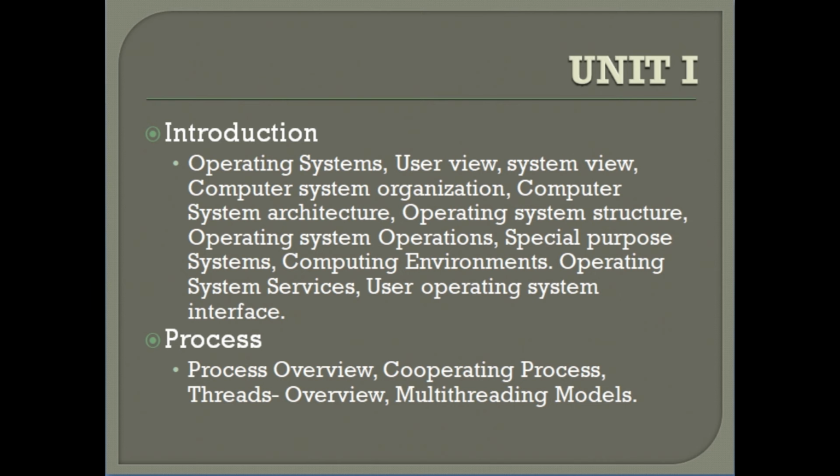How is an operating system viewed in terms of a user, and how in terms of the system? That means how it uses the hardware components of the computer. In the user view, it is just the user interface, how it deals with the user, etc. We will study that.